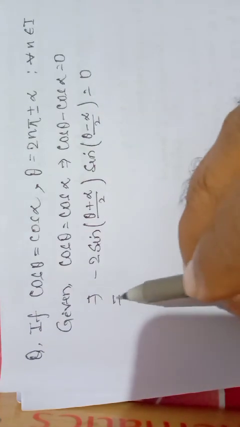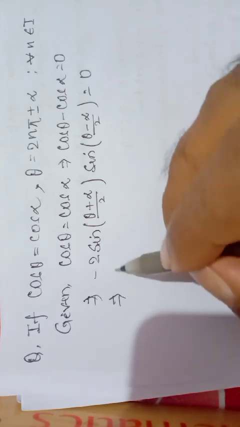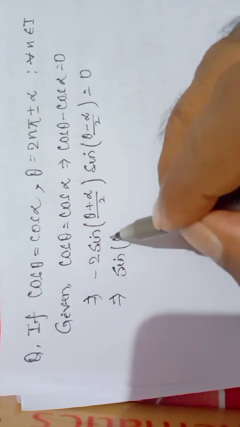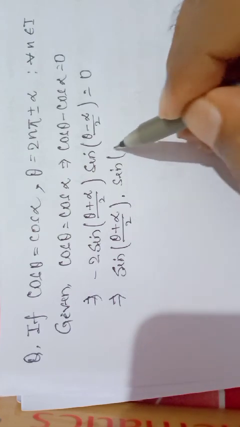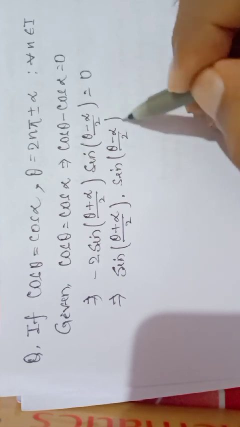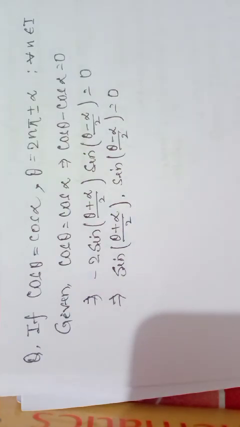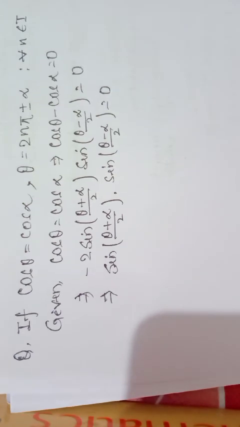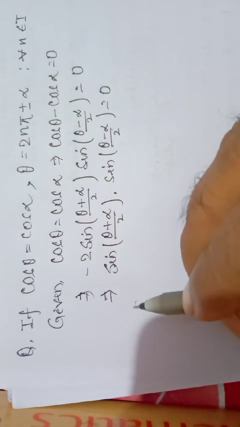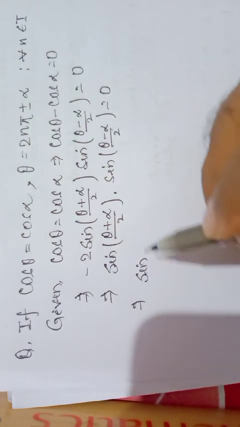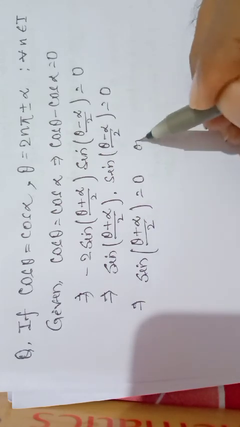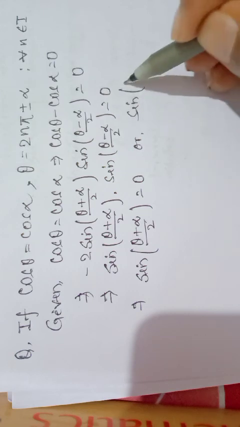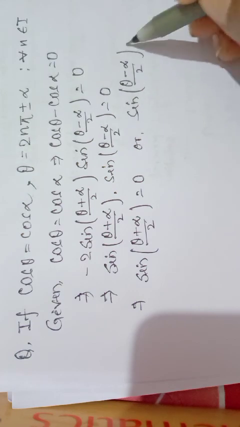Transfer minus 2 to the right side, which again becomes 0. So sine (theta plus alpha by 2) into sine (theta minus alpha by 2) is equal to 0. The product of two terms is 0, which is possible when either sine (theta plus alpha by 2) is equal to 0 or sine (theta minus alpha by 2) is equal to 0.